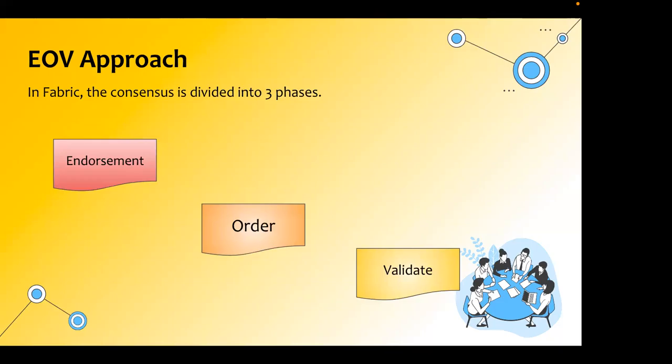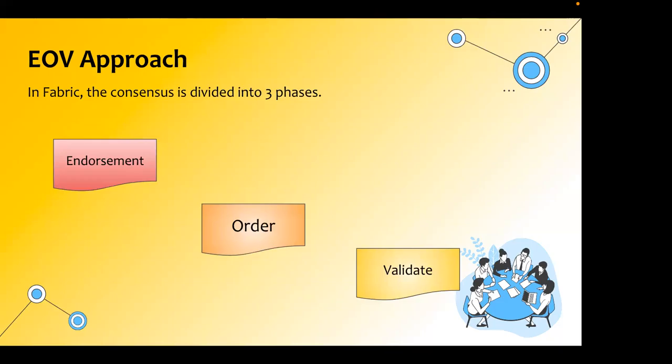Once that is done, the orderer will arrange your transactions on the basis of time, and then it will create a new block for our Hyperledger Fabric network. Once the new block has been created, those transactions can be broadcast to the next level.